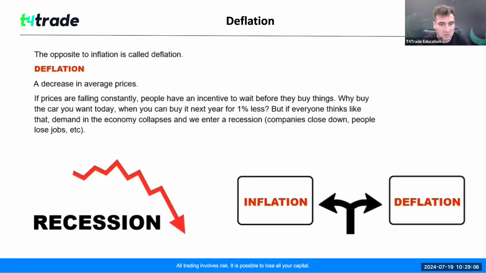What's the point of buying it now? I'm going to buy it later with less money, with much larger purchasing power, if you like. If enough people do that, this brings the whole consumption function of the economy down.